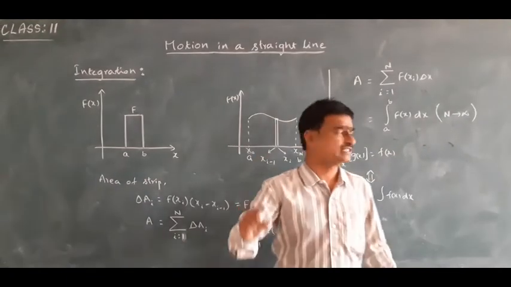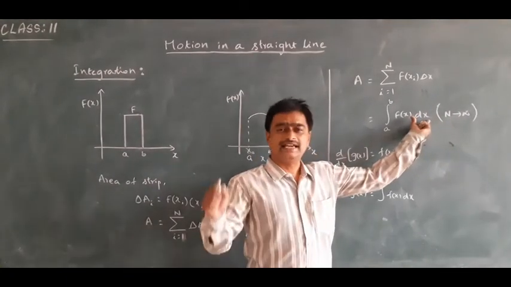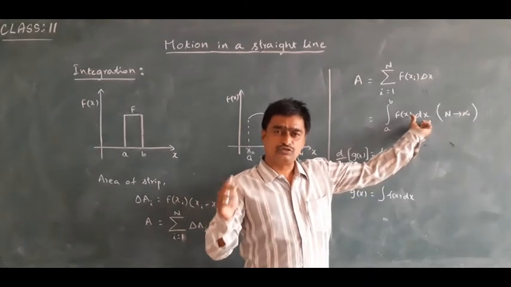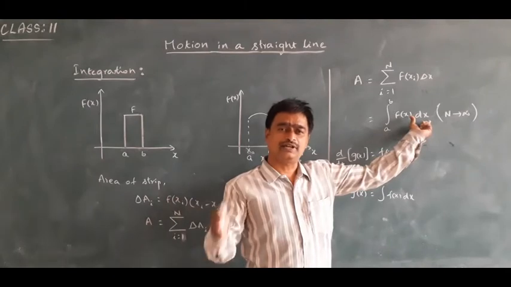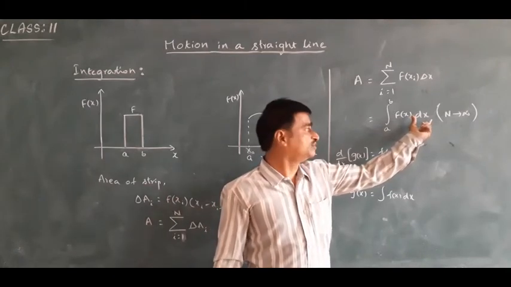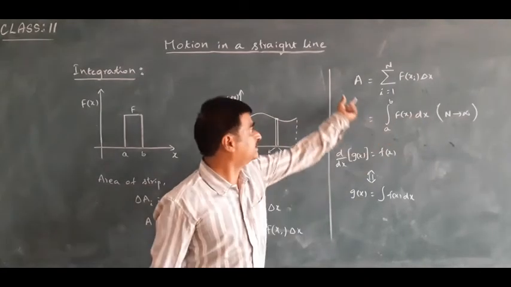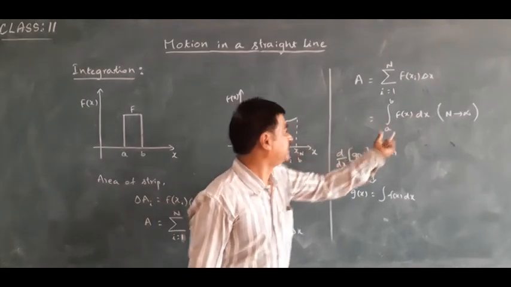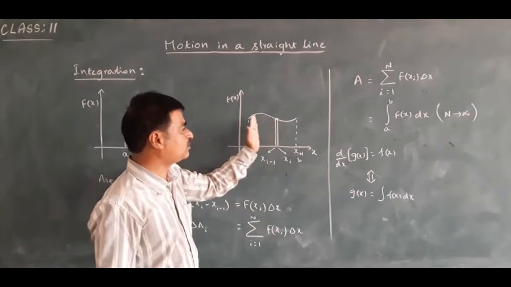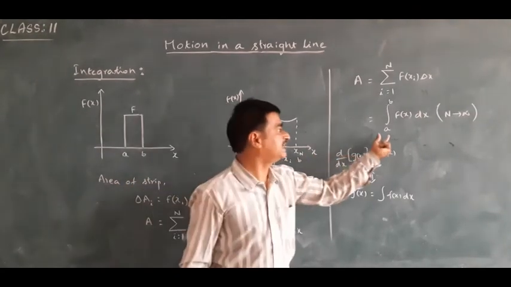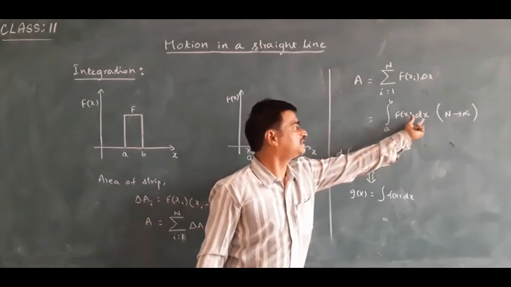This is called infinitesimally small. Infinitesimally small means it is so small that we take the limit as almost 0, that is, tending towards 0. Then we write it as integration. We have to integrate all these bits from a to b. It is written as the integral from a to b of f of x dx.